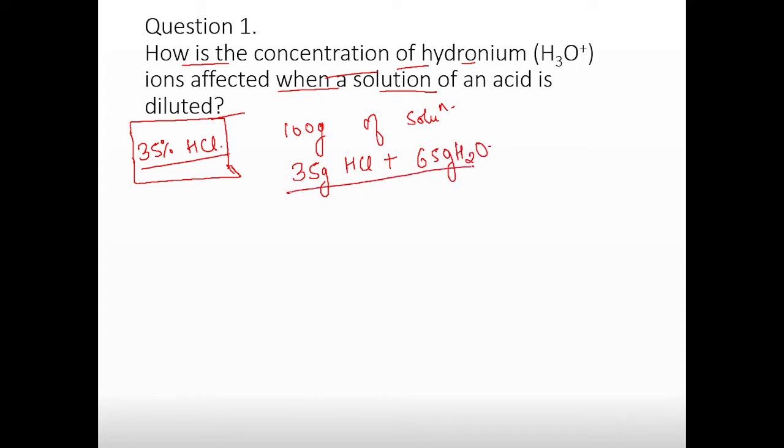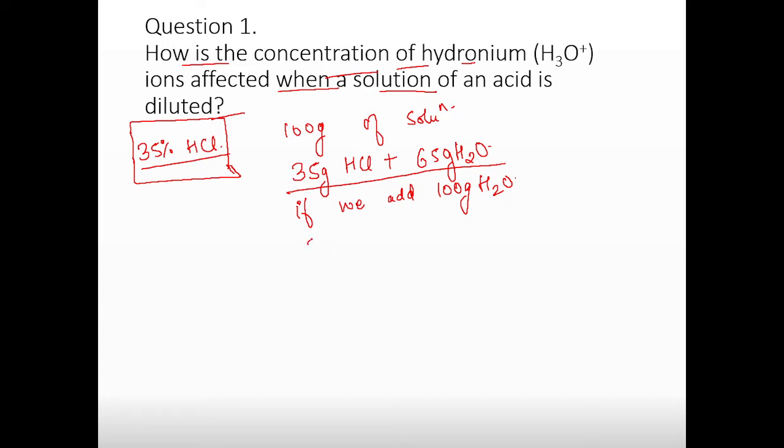So this is the actual meaning of 35% HCl. Suppose we add 100 gram water to this solution, what will happen? There will be an increase in concentration of water but a decrease in concentration of HCl.